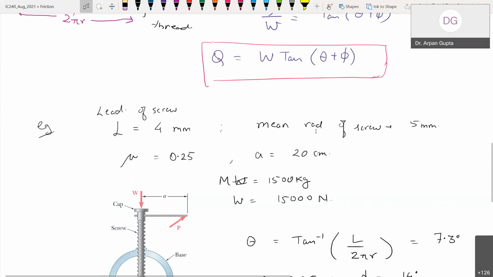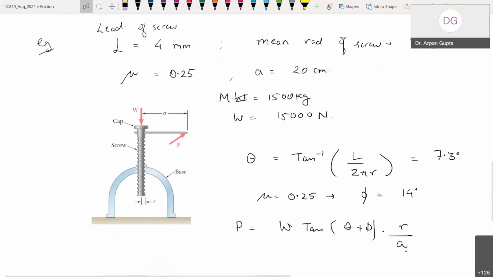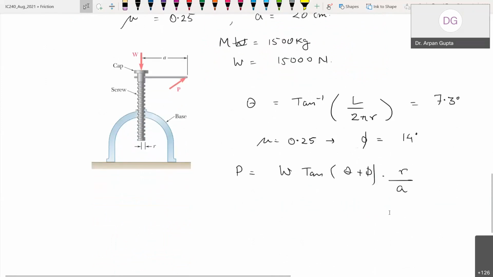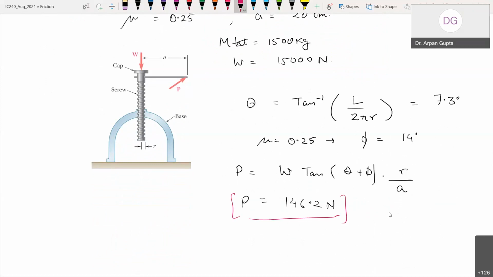That is Q, and multiplied by R by A will give you your P. Now you just have to substitute these values. And if you do substitute, it is interesting to note the numbers. The number comes out to be around 146.2 newtons.